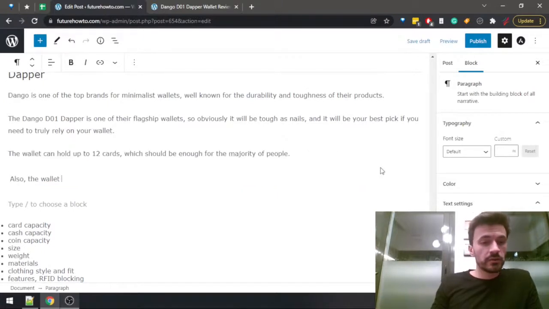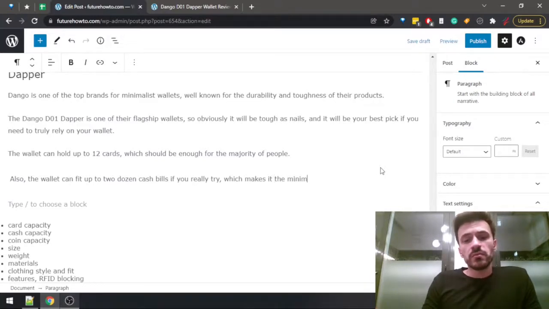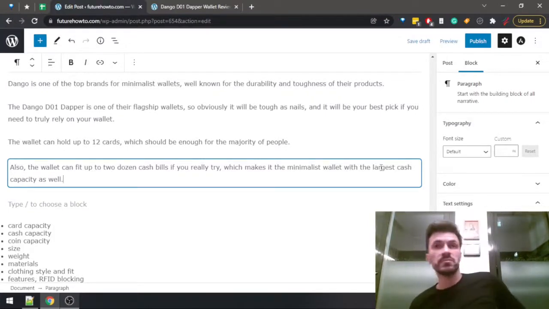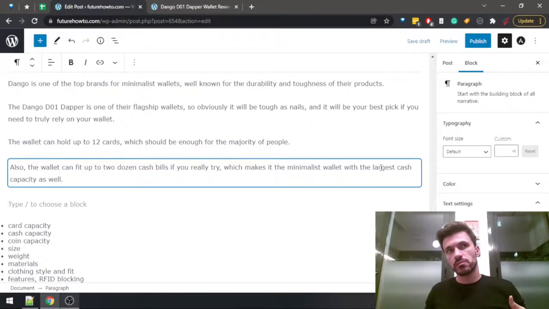But the wallet can fit up to 2 dozen cash bills if you really try, which makes it the minimalist wallet with the largest cash capacity as well. So yeah, this may even be another article, as I mentioned previously. We can do best minimalist wallets with the most cash capacity.